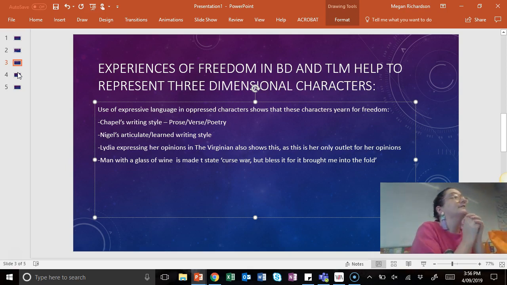A lot of the characters in those texts get a taste of freedom that they can't have. With Chapel, he was raised not with his slave nature, and when they went to war, they experienced equality, and when they came back, they realized they can't have it anymore. We learn about the depth of their yearning for freedom through their tastes of it.